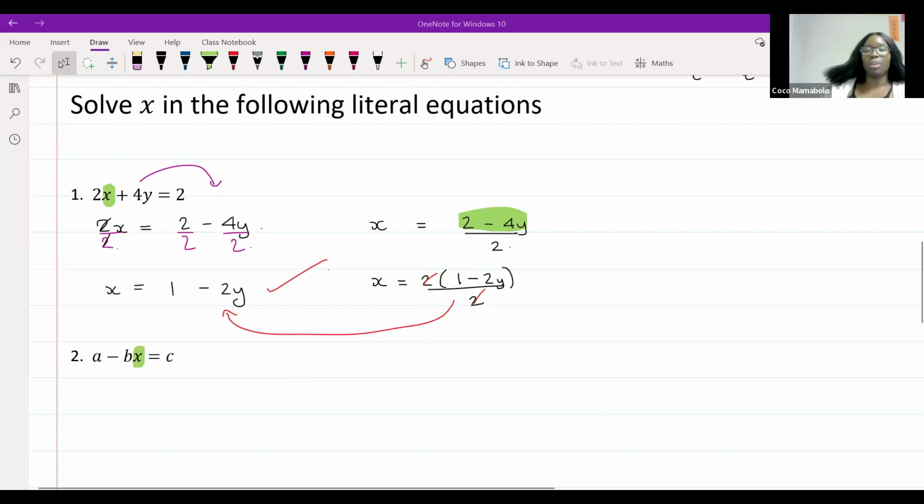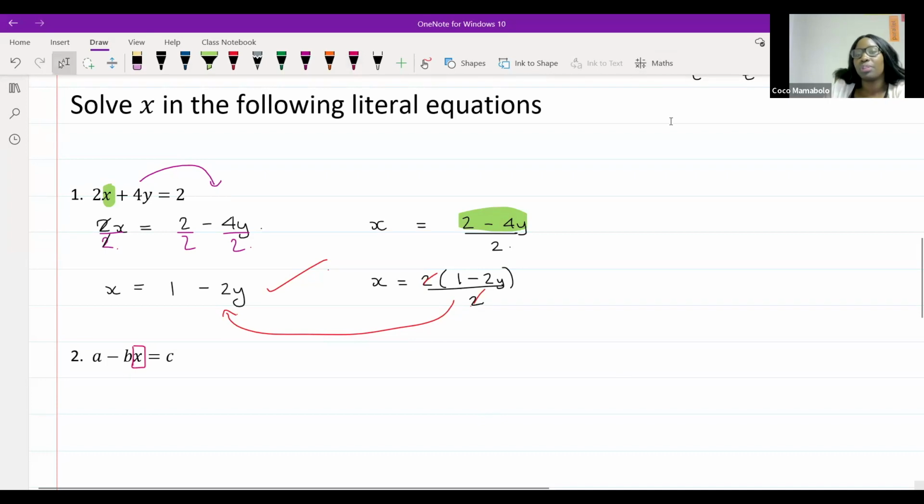All right, so let's start with this next one over here. I know that I want x as the subject of my formula. So ma'am, we factor out the 4y into a negative.